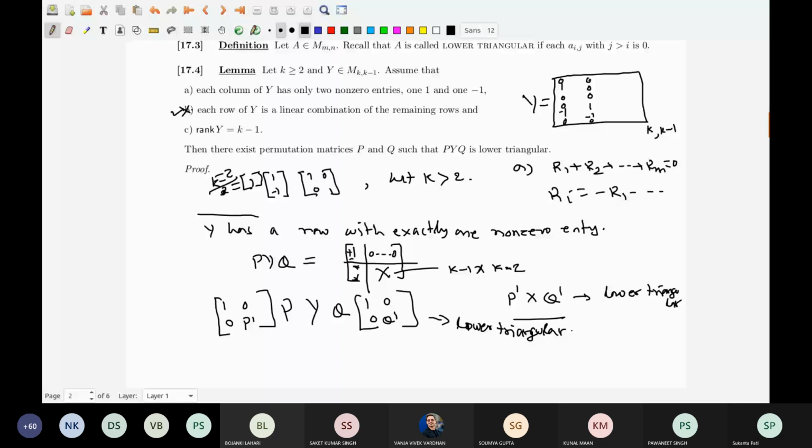So then I delete one row. Which row I want to delete? I delete the rth row. Let YR be obtained from Y by deleting the rth row.